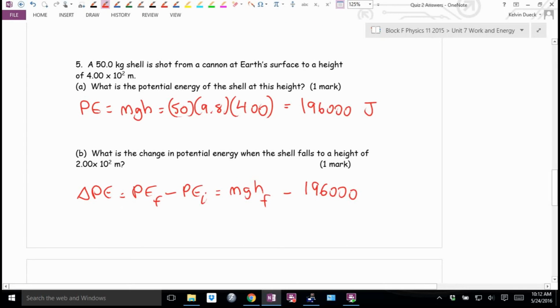This is the long way to do it. The short way to do it is to notice it's at half the height, so I think it's going to have half the energy. But anyways, we'll do it the long way: 50 times 9.8 times 200 minus 196,000.